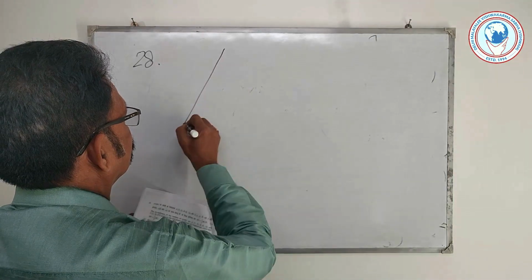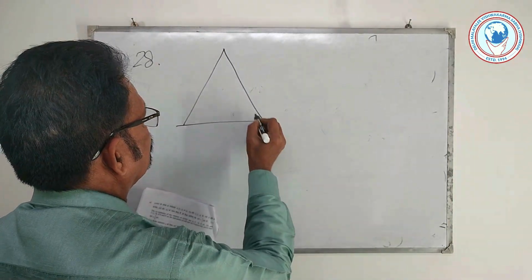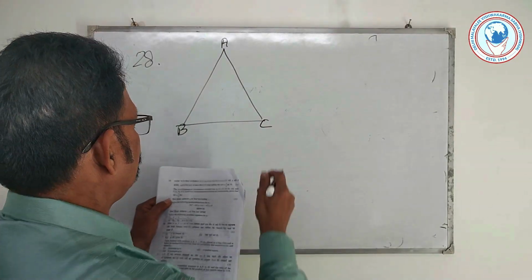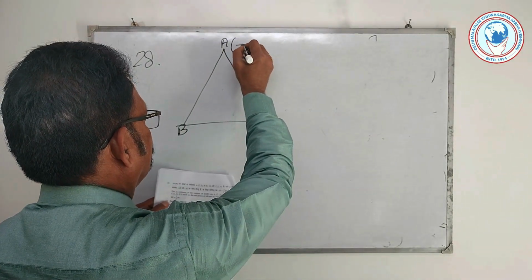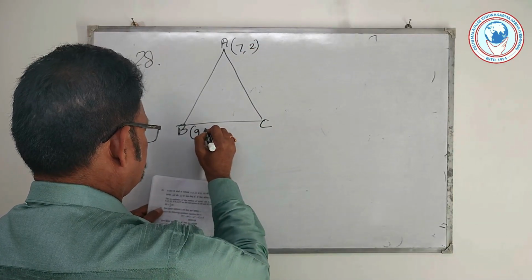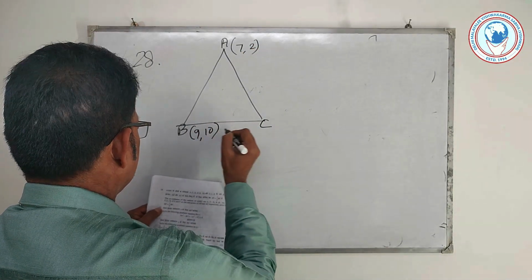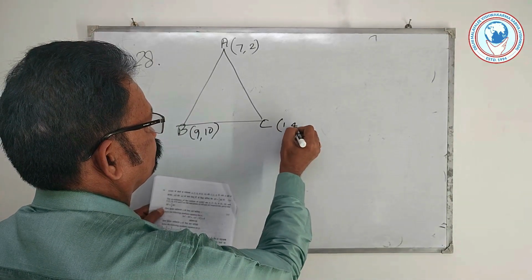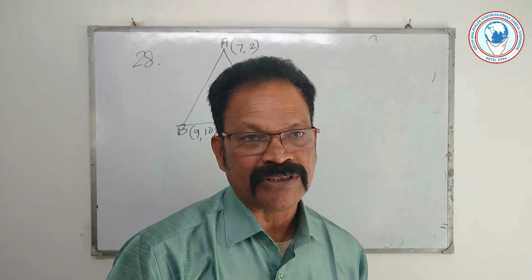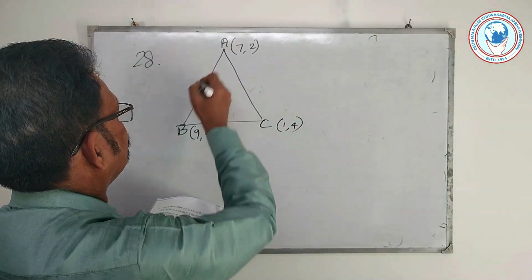Given triangle ABC, vertex A 7, 2, B 9, 10, C 1, 4. E and F are midpoints of AB and AC respectively.